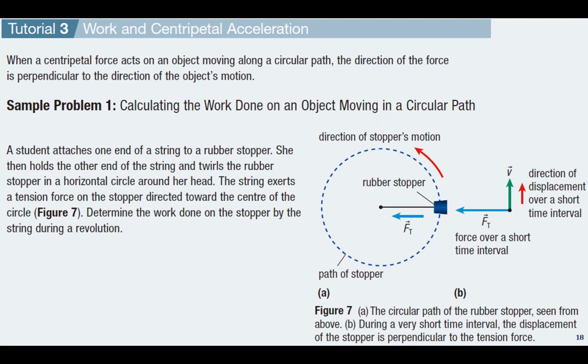The string exerts a tension force on the stopper directed towards the center of the circle, which is shown here in figure 7. Can you determine the work done on the stopper by the string during a revolution? I'll give you 5 minutes to think about this problem by yourself, and then we'll have a look at the analysis together.